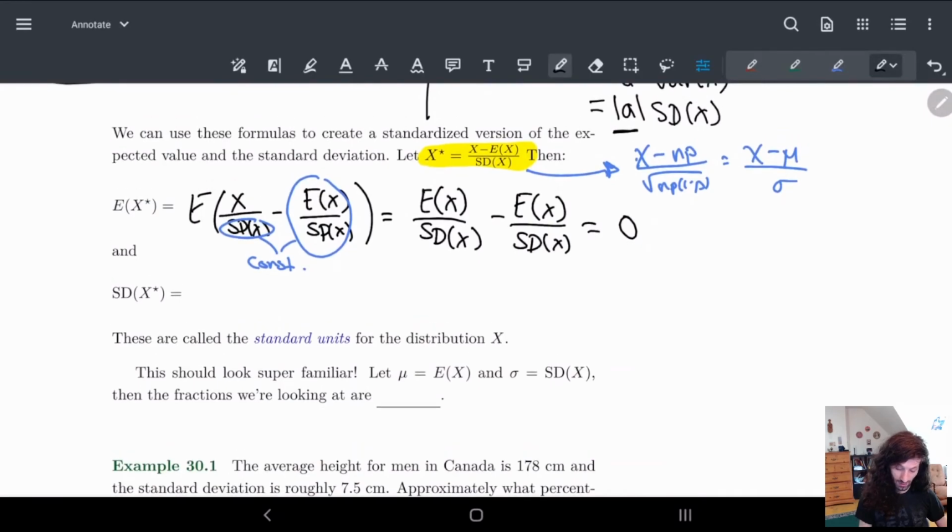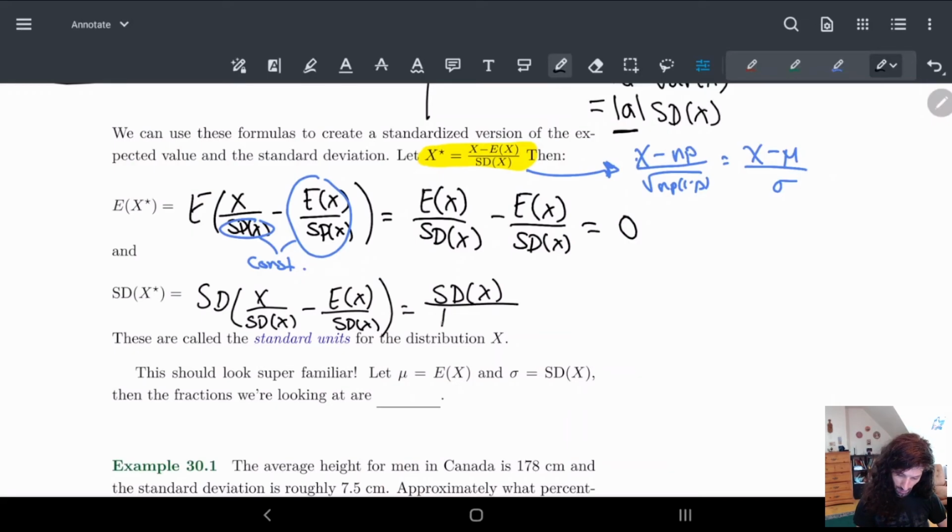How about the standard deviation? What happens in this case? Here we have the standard deviation of x over SD of x minus E of x over SD of x. Now this constant part just disappears. So what we're left with is SD of x, and this bottom part comes out, so here we have the absolute value of SD of x.